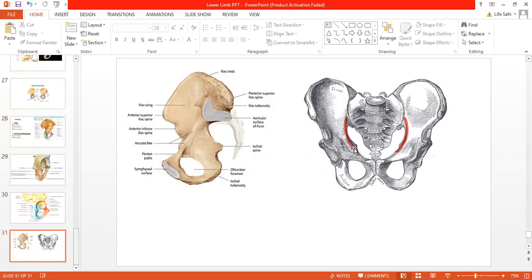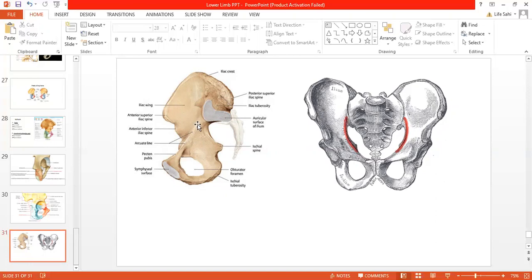Below, it runs inferiorly and anteriorly and becomes continuous with the superior border of the superior ramus of the body of the pubis, and together the superior border, also called the pectineal line, and this arcuate line, these two lines together are called the iliopectineal line.